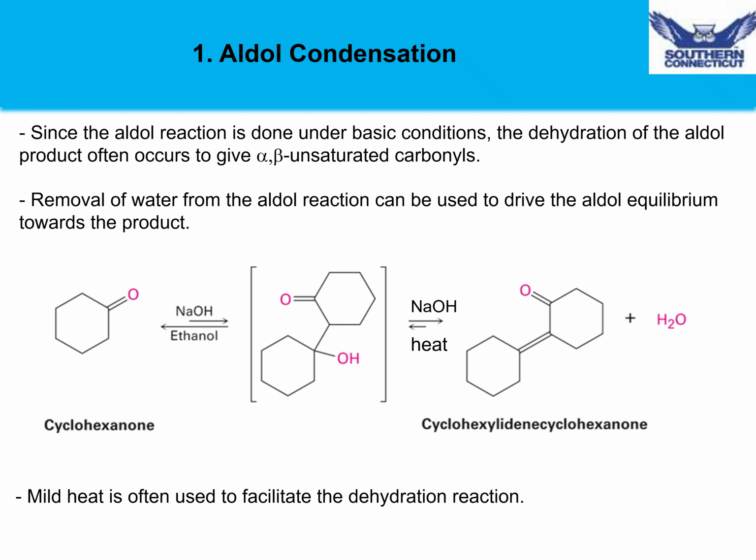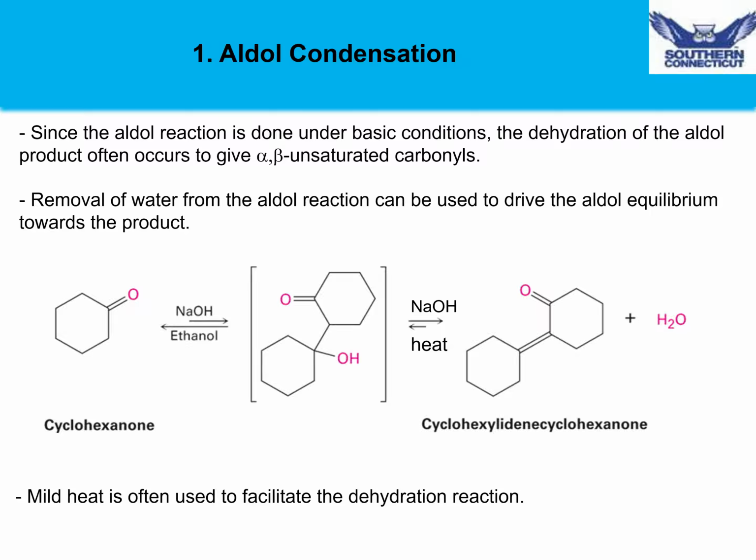You may have noticed that the conditions for eliminating a water molecule from a beta hydroxycarbonyl are essentially the same conditions that we use to form the aldol product in the first place. As a result, it is often difficult to isolate the typical aldol product, which is the beta hydroxycarbonyl.